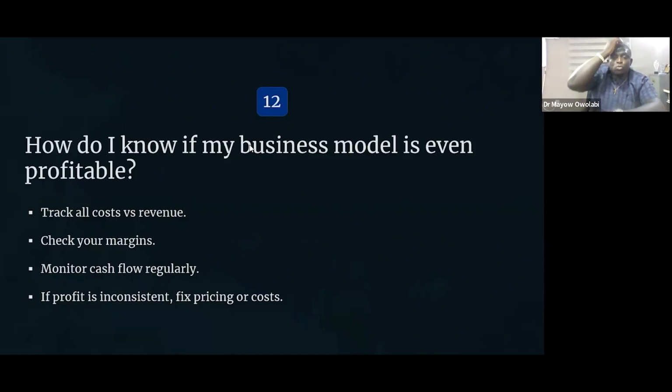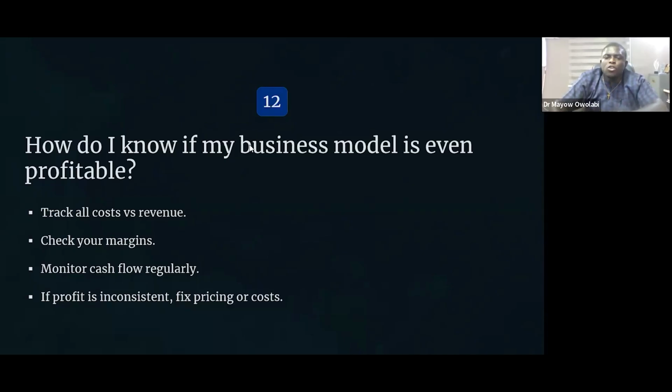They call it cost of goods sold. Then you ask, what are other costs around it? Once you do that, you remove everything from your revenue. That is why it is called gross profit minus your fixed cost. That will give you your net profit.